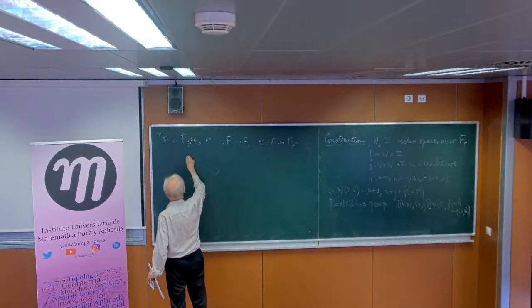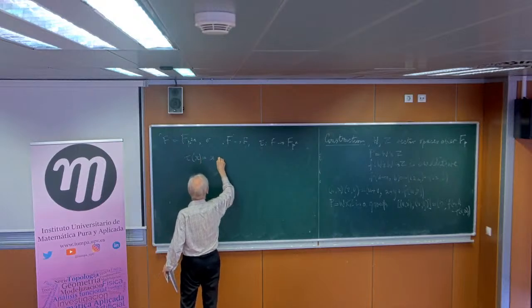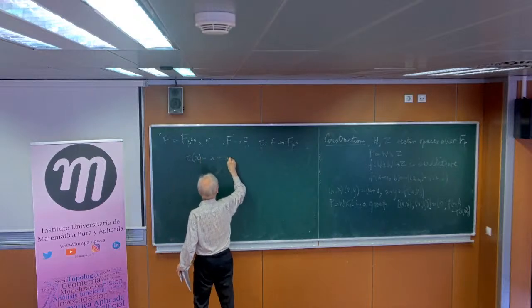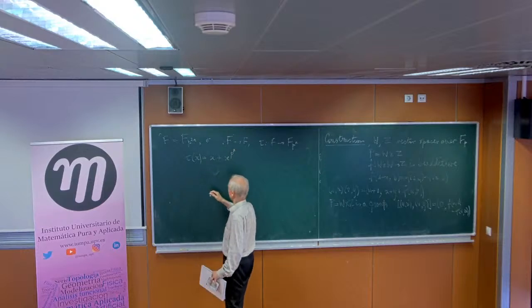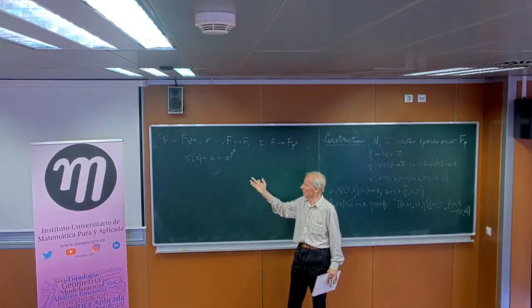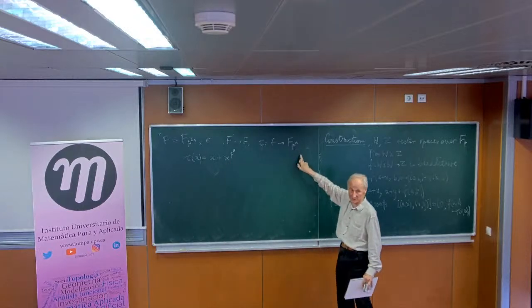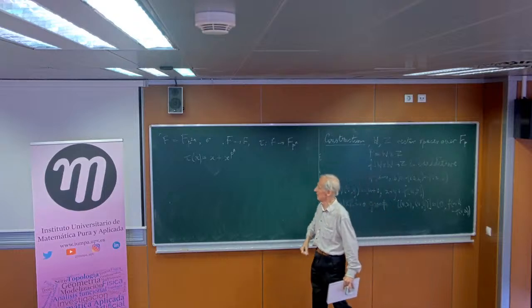Tau of x is going to be x plus x to the p to the n. Right, so that's a familiar map in the theory of fields, you're in this smaller field, this field of half the dimension.